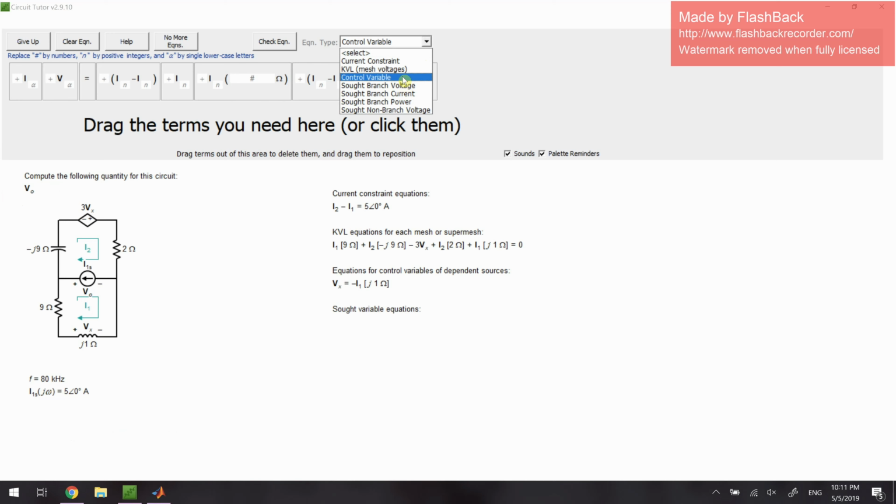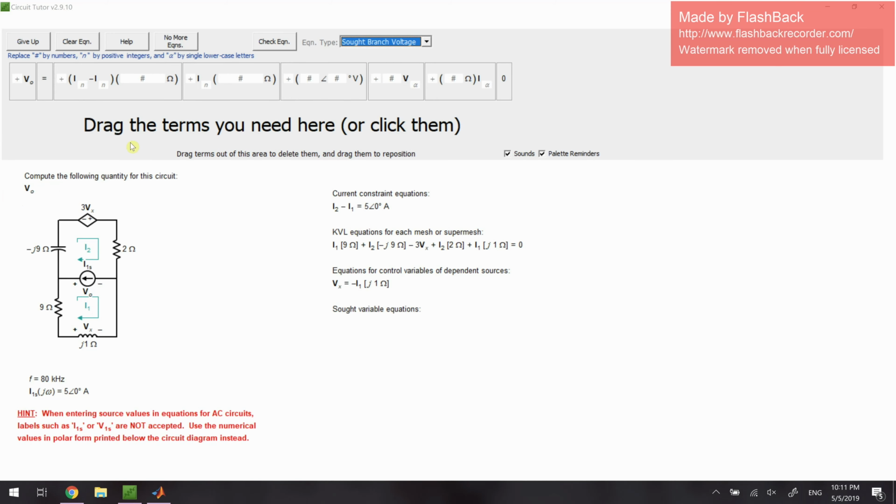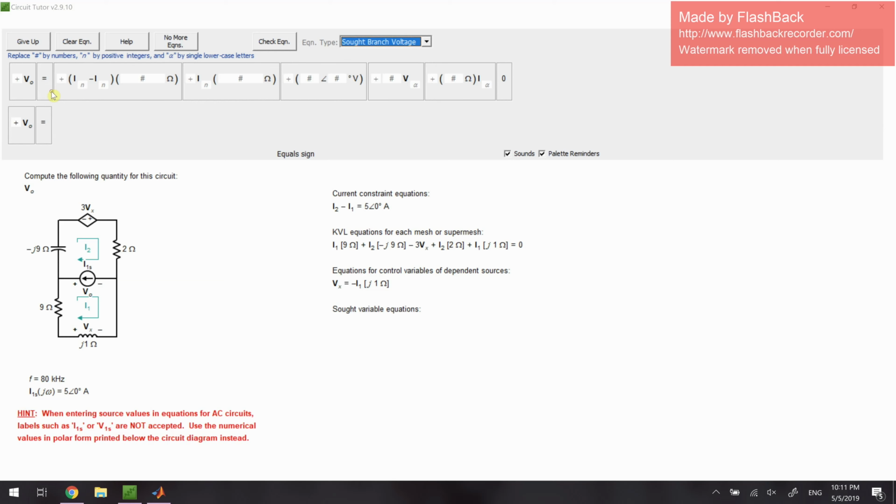So we are also seeking a branch voltage, and the branch voltage that we're looking for is the voltage across the current supply. Now, there is no resistance associated with current supplies, which is generally how we find output voltage. So what we can say, however, is that these two impedances, when combined in series, would actually be in parallel with the output voltage.